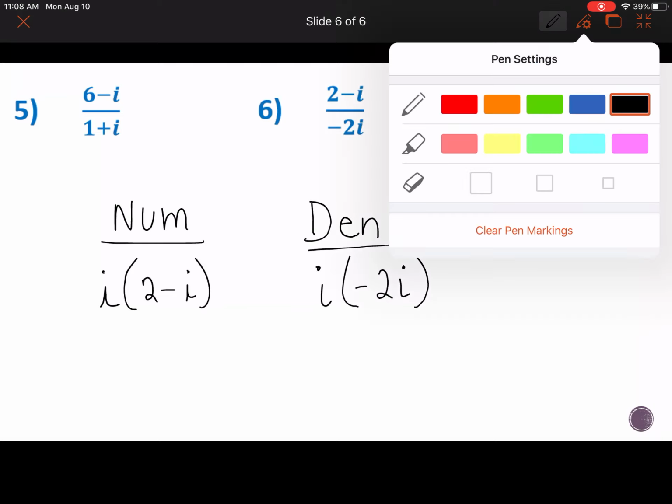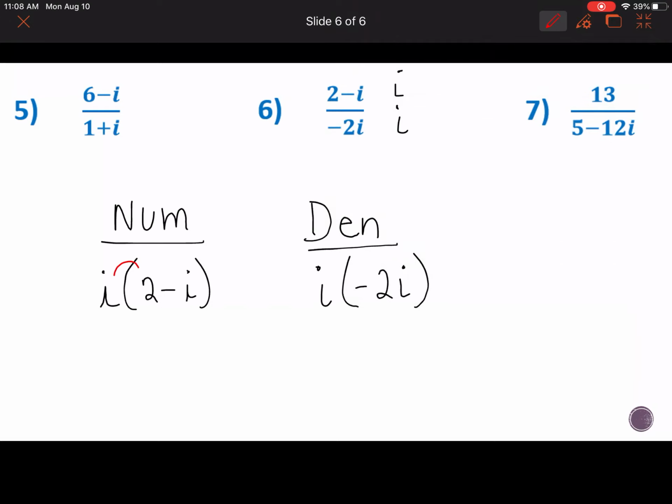Okay, so for our first one, we're going to distribute. And that gives us 2i minus i squared. I'm going to put that in parentheses. So we have 2i minus negative 1. And that's going to give us 2i plus 1. So that is my numerator.